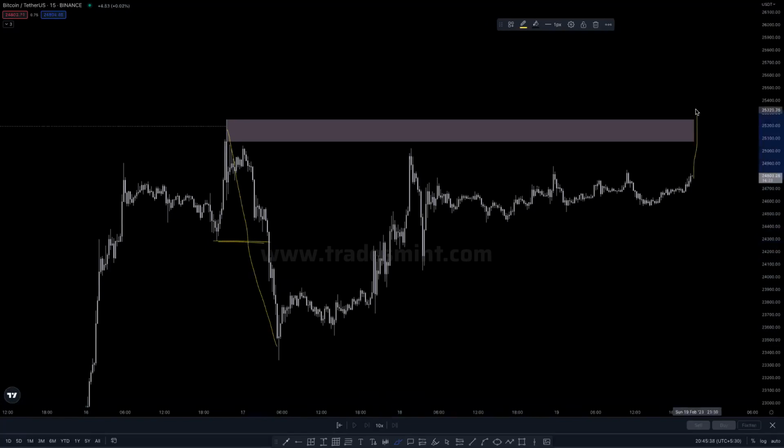So price can go higher and then push downside, because this high can be swept here before this top, because the market has not created any inducement here as per our plan, right? So price can continue to go higher.